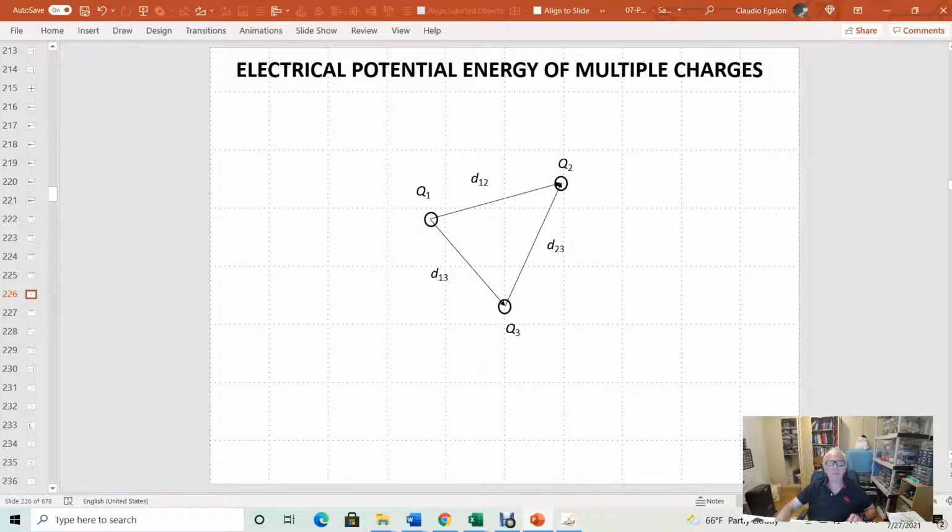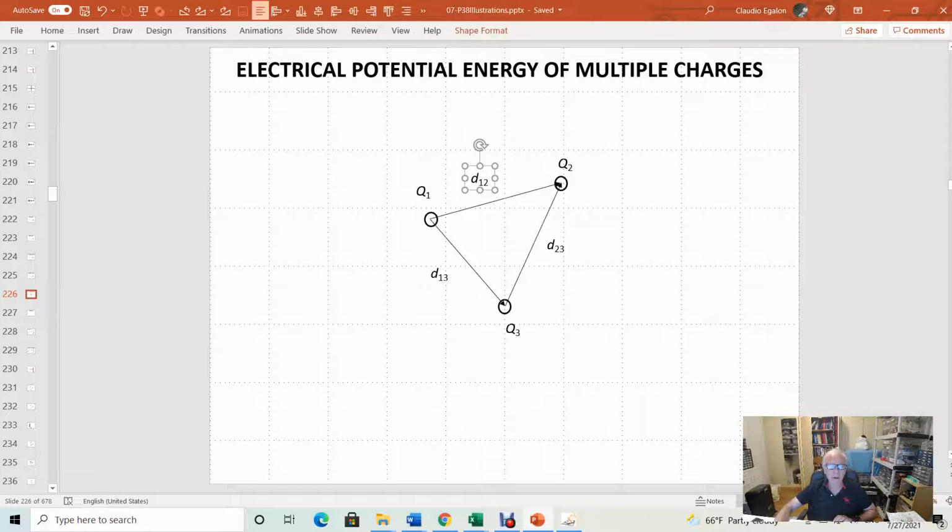So how do we get the potential? The potential energy is taken in terms of pairs, okay? It's the potential energy between 1 and 2, the potential energy between 1 and 3, and the potential energy between 2 and 3. That's how we illustrate that.